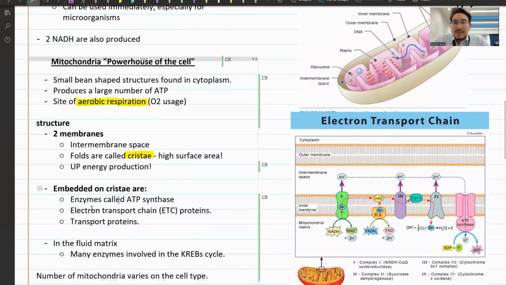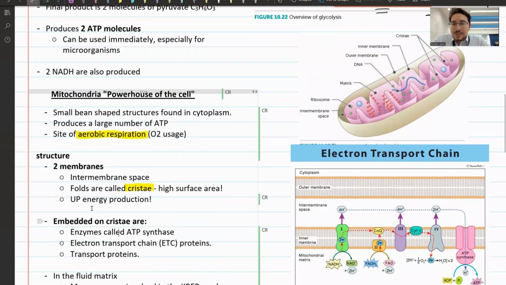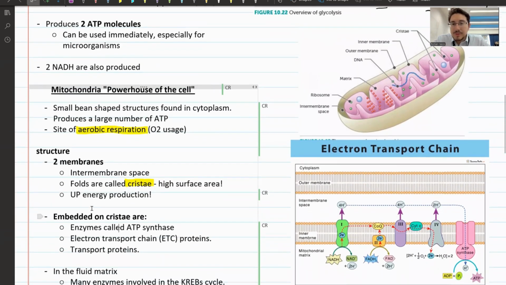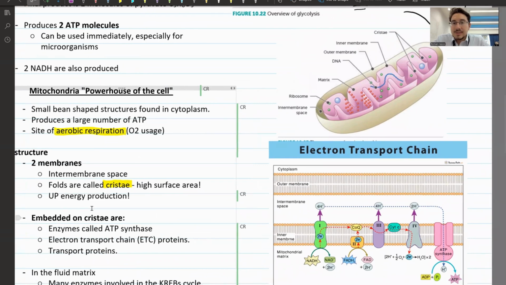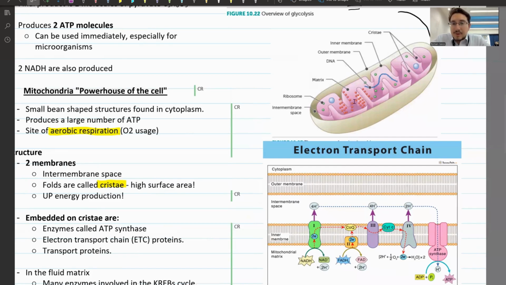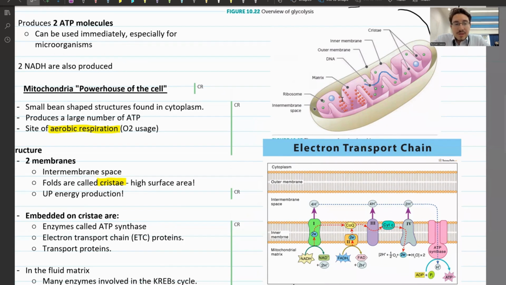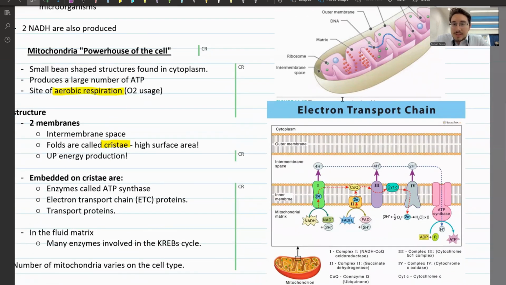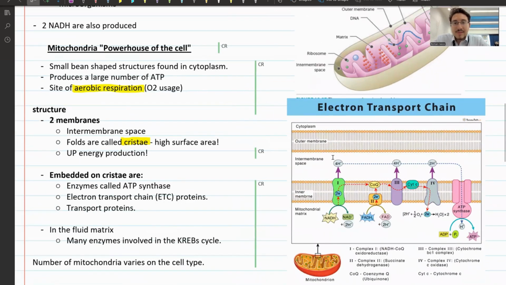And if you look closely, you see all these little molecules. You see ribosomes being present, you see these little DNA strands being present, and you have all these proteins embedded on the inner membrane. If you zoom into the membrane of the inner side, it looks something like this.